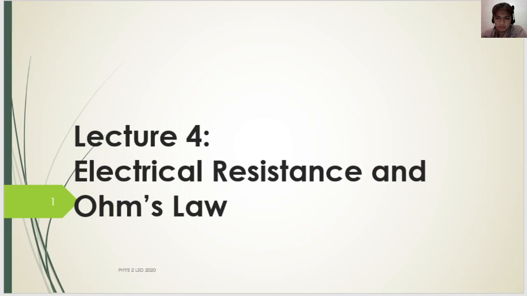The effect of temperature on resistance varies. In metal conductors, there is a direct proportion. In semiconductors, that is inverse proportion. And in superconductors, it offers no resistance at very low temperature.